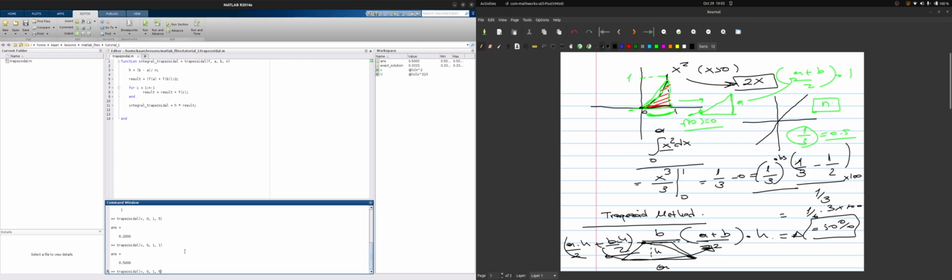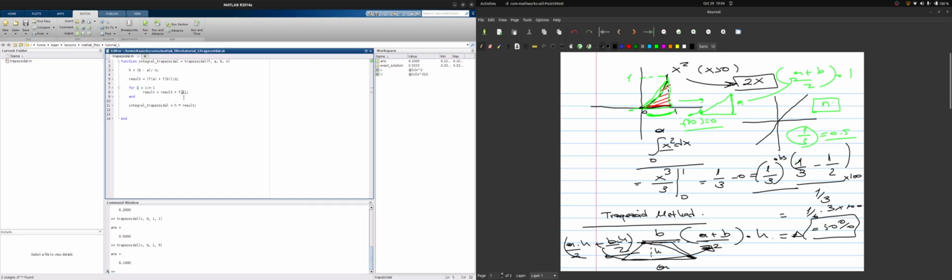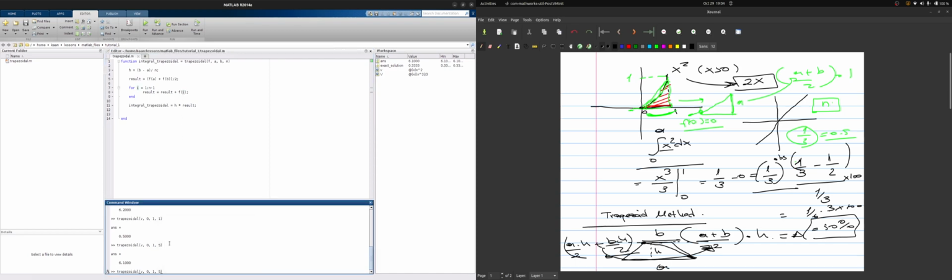Let's say we have 5. If we give n as 5, the answer is a very big value. f1, f2, f3, f4 and f5. So we give n 5, 1, 2, 3, 4 until 4. So let's give 100.